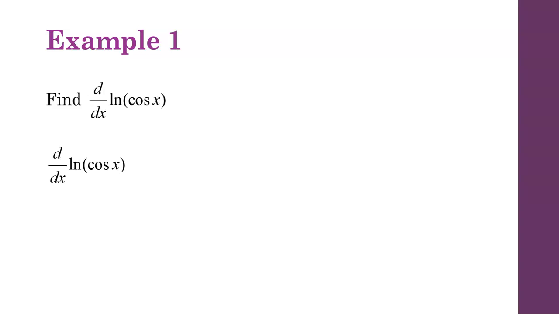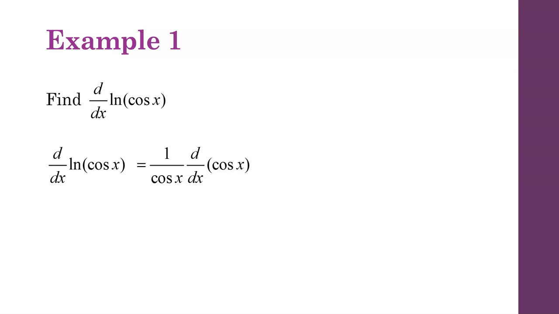So to start with, as we take a derivative of natural log of cosine x, we're going to get 1 over cosine x. That's the derivative of the natural log part, right? We just saw the derivative of natural log of x would have been 1 over x. So the derivative of natural log of cosine x would be 1 over cosine x.